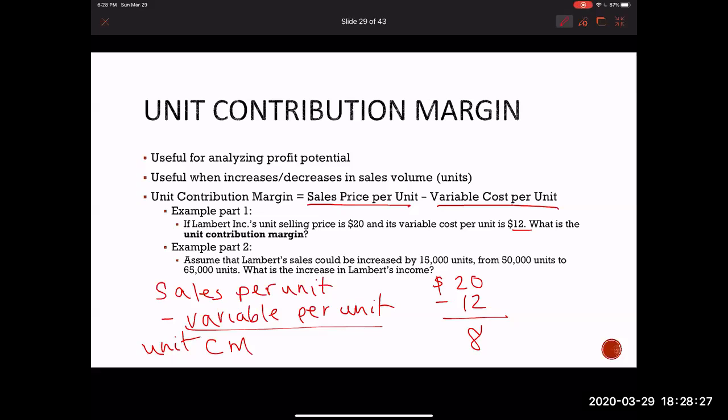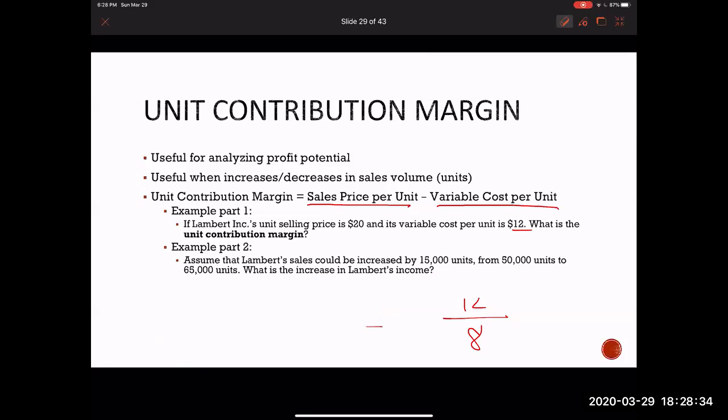Now example number two. Assume that Lambert sales could increase by 15,000 units, from 50,000 units to 65,000 units. So the increase is 15,000 units. It's asking what would be the increase in Lambert's income.